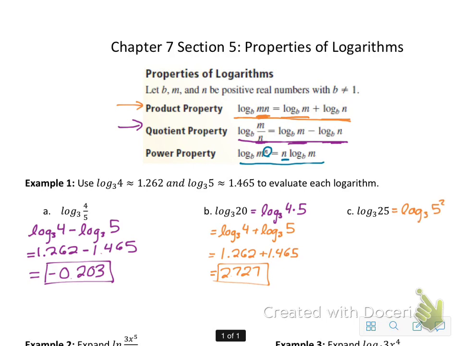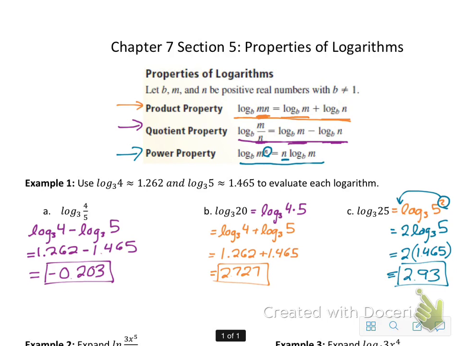Well, according to our power property, you are allowed to take an exponent from what you were taking the log of, and pull it to the front. So we really have 2 log base 3 of 5, which means we have 2 times a number. Log base 3 of 5 is 1.465, so I'm going to plug it in, and I'm going to put that into my calculator to get 2.93. And that's your answer.